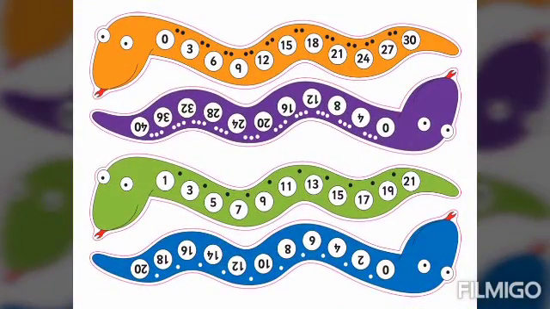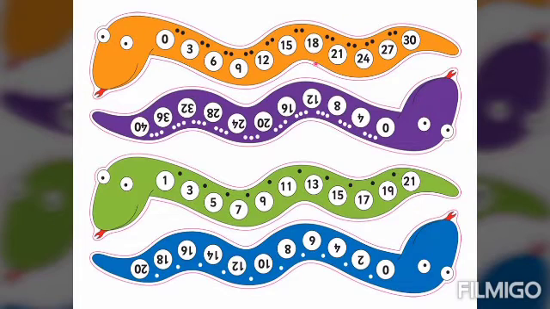Okay, we have here numbers in a snake. So in this orange color, we have numbers here, but we need to identify which are even and which are odd, because they are not the same. Look at this: 0, 3, 6, 9, 12, 15, 18, 21, 24, 27, and 30.